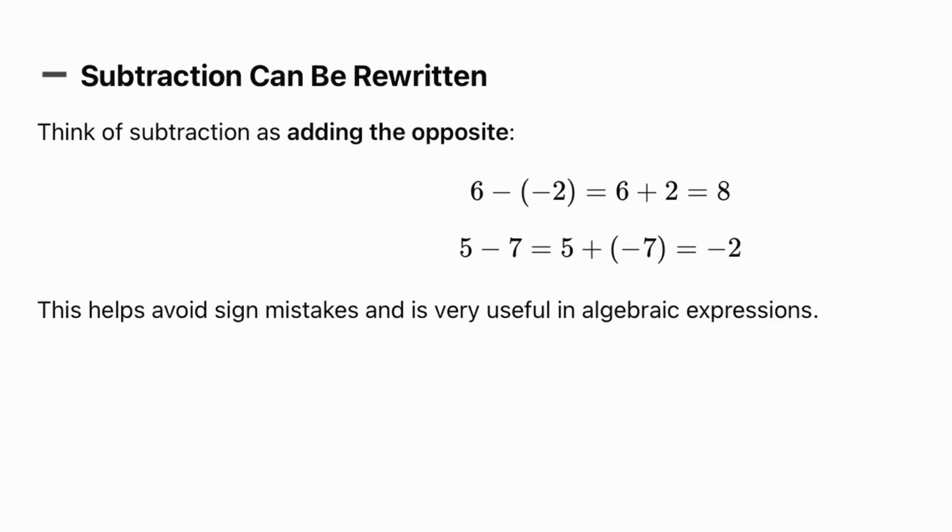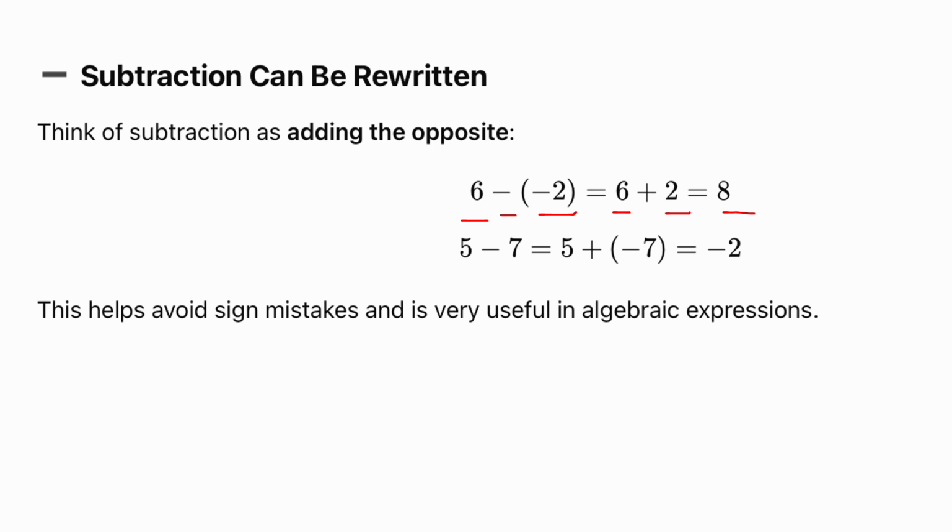Now coming to subtraction. Subtraction can be written as adding the opposite. So it means instead of subtracting a number, you can add its negative. For example, 6 minus minus 2 can be written as 6 plus 2, which becomes 8.